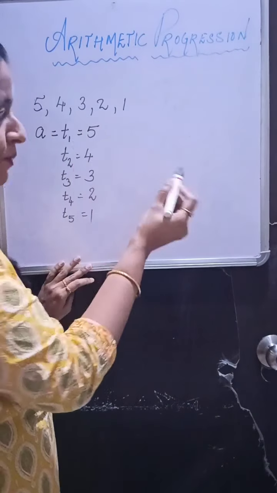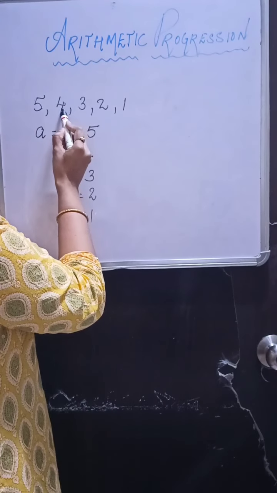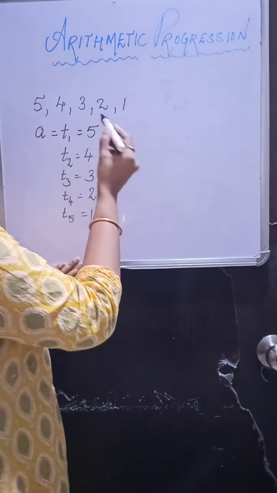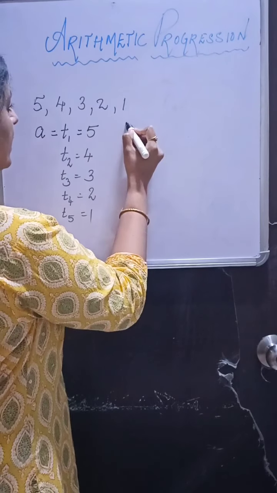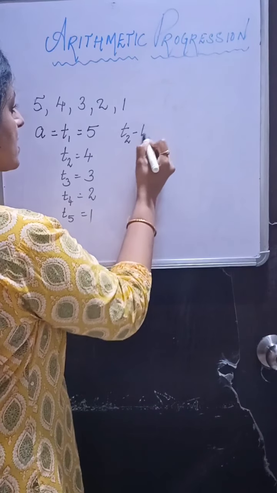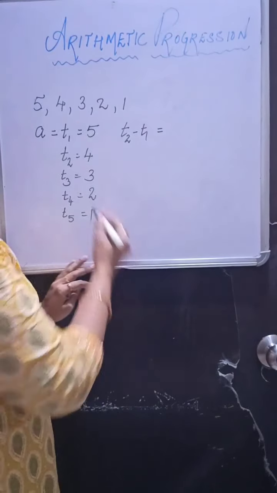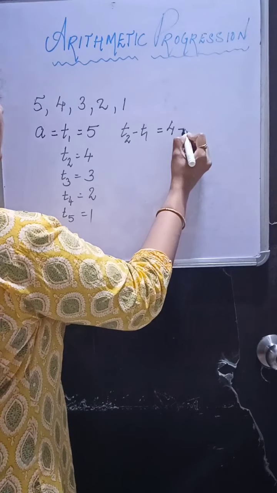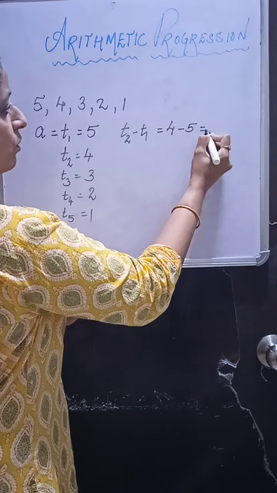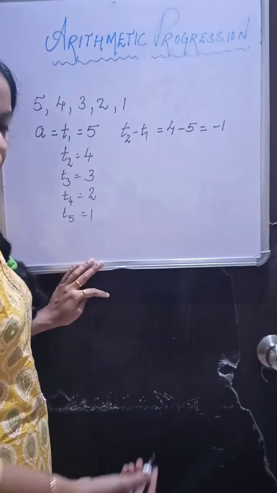Always subtract the term from its previous term. So this will be T2 minus T1, which is 4 minus 5, which is minus 1.